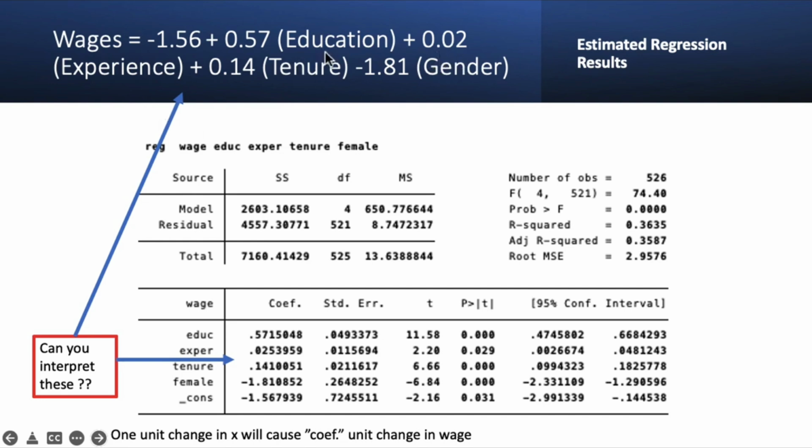So what we can say is a unit increase in education would result in wages increasing by 0.57 units. A unit increase in experience would result in wages increasing by 0.02. A unit increase in tenure will result in wages increasing by 0.14. If you are a female, wages would be lower by 1.81.